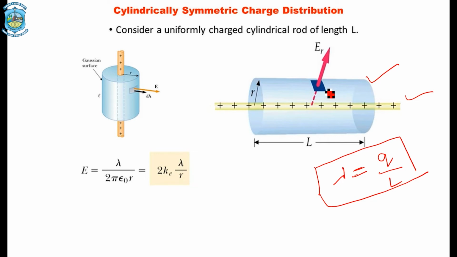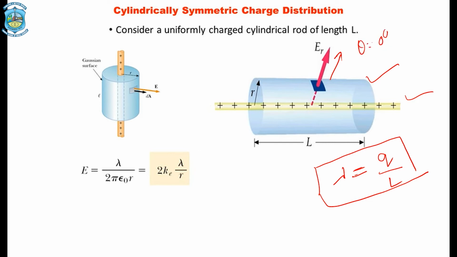On this Gaussian surface, we have taken a small area. The direction of the area vector is again parallel to the direction of the electric field intensity. Therefore, the angle theta between these two will be equal to 0.